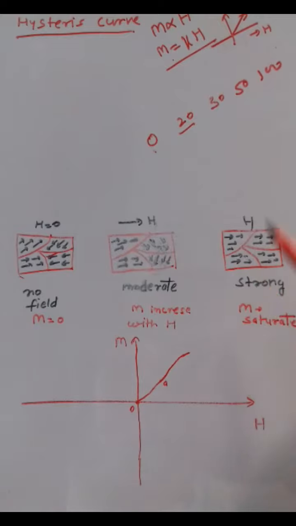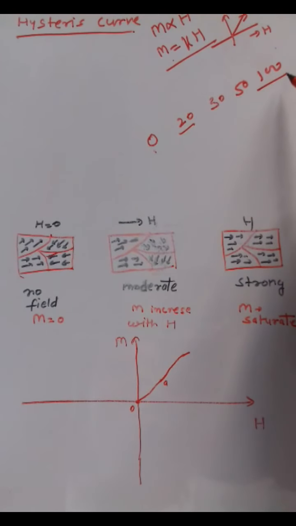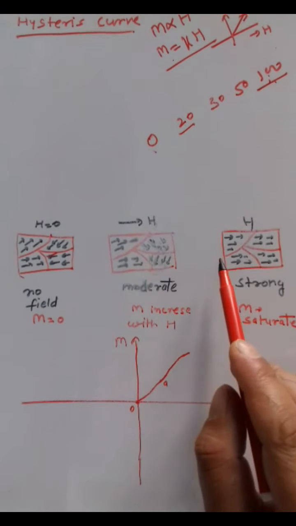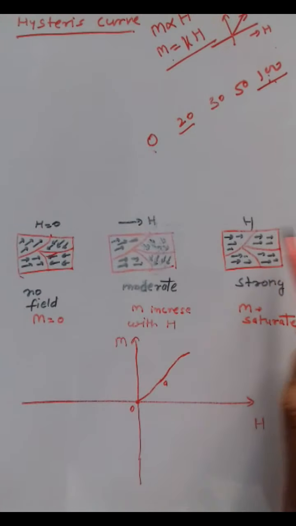If we apply an external field which is very strong, then at this strong field all the domains have oriented themselves in the direction of the external field, as I have shown in this figure.